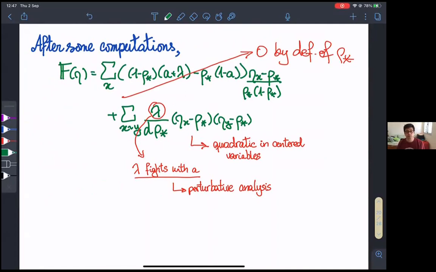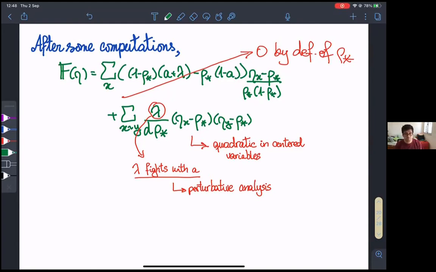So it means that the function f is going to be also a polynomial of degree 2 with respect to the variables eta x. So since it has mean zero, I can always write it in terms of the centered variables eta x minus rho star. Okay, so f of eta is a second order polynomial in the variables eta x minus rho star with constant term equal to 0.